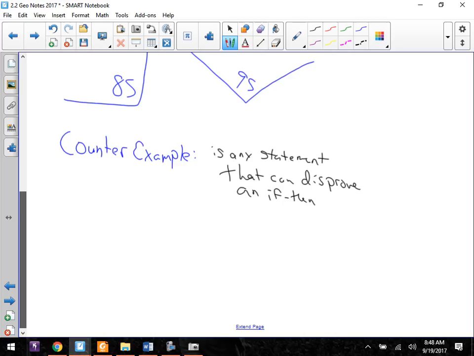Let's leave it at that. Make it real generic. So a counterexample is anything that you can come up with to disprove an if-then statement.